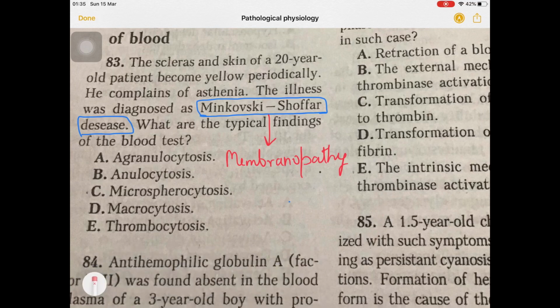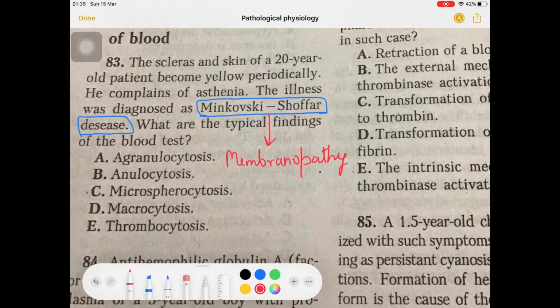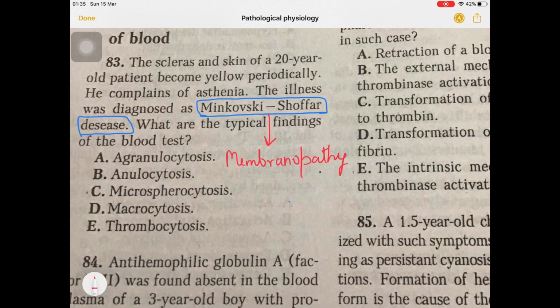As we have already discussed in class, in membranopathy there is a problem with the ankyrin and spectrin proteins. They are not working over there, or you can say the deformation of these proteins may lead to membranopathy, and we are having the problem of Minkowski-Chauffard disease, right?